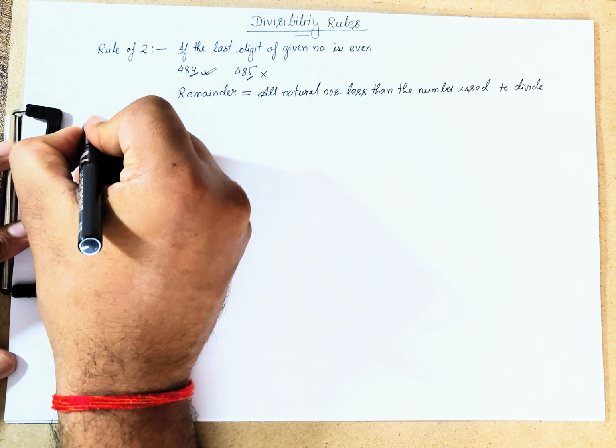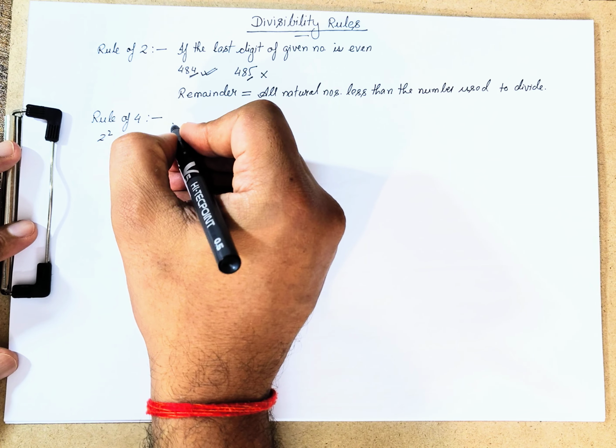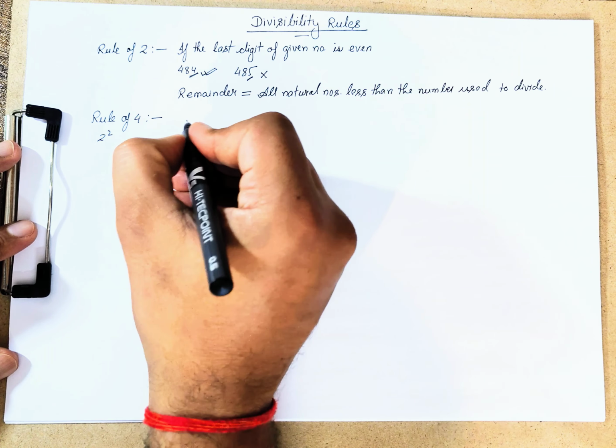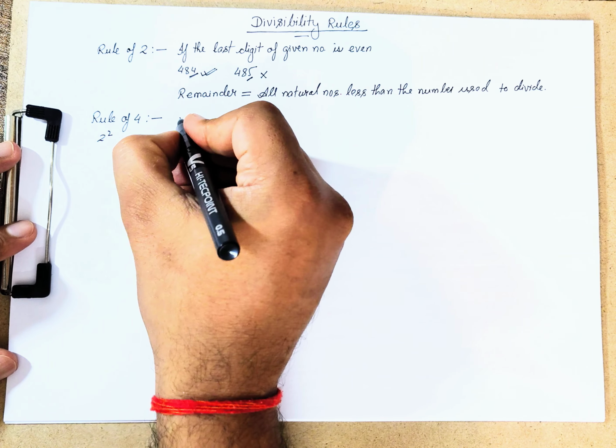Now let's see rule of 4. Remember, 4 is 2 to the power 2. So rule of 4 states that if the last two digits of the given number are divisible by 4, then the given number is divisible by 4. Okay, so what does it mean?